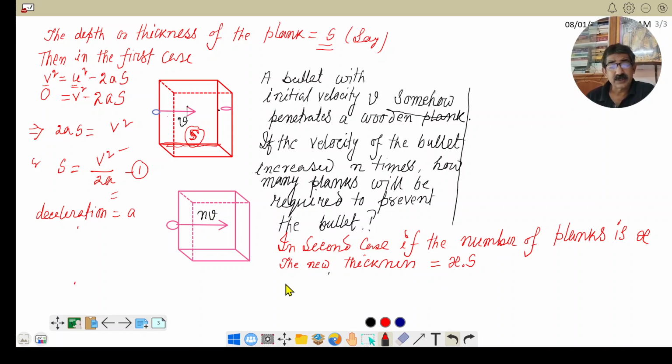So in this case, 0 square is equal to nV, the initial velocity, square, minus 2 into a into xS.